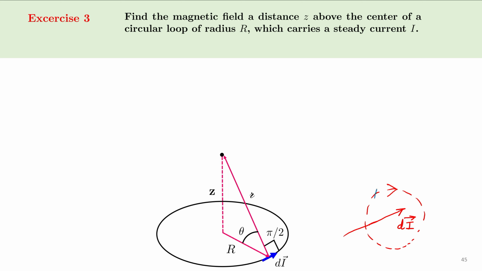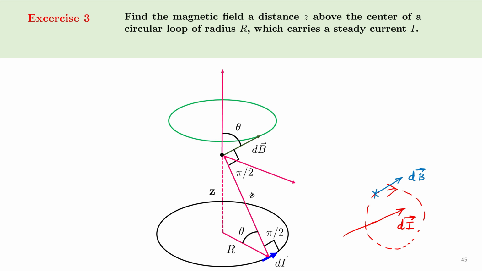At any point on the circle, the direction of the magnetic field will be tangential to the imaginary circle. So coming to the first figure, the magnetic field at the field point would be like this. It is represented by dB, and all such small dBs constituted by all the small current elements encircling the small loop add together to result in a cone.